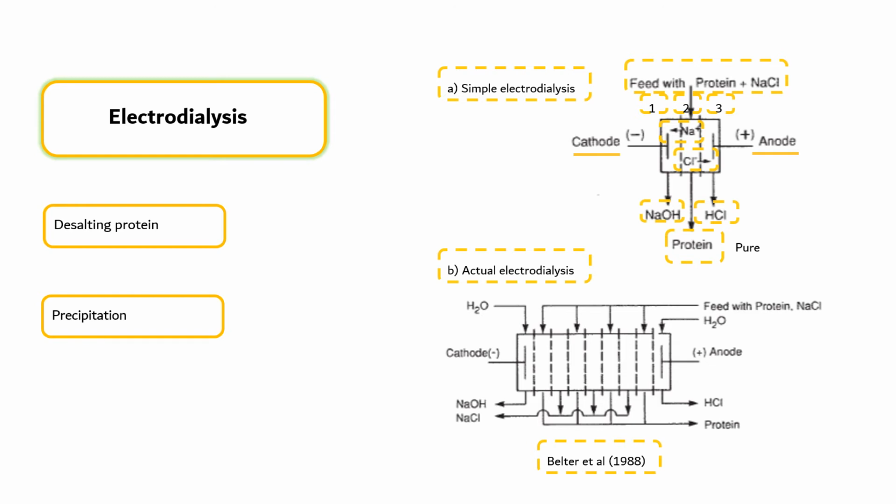In actual practice, electrodialysis uses a stack of membranes as shown in the bottom figure. In this stack, the protein solution is fed into one set of the compartments, and pure water is fed into an alternating set. The compartments are again bounded by cation and anion exchange membranes.